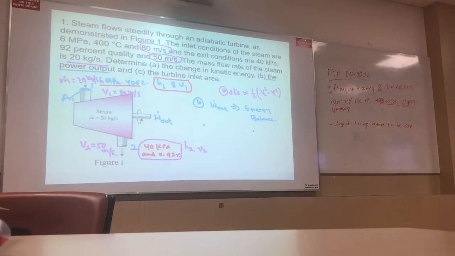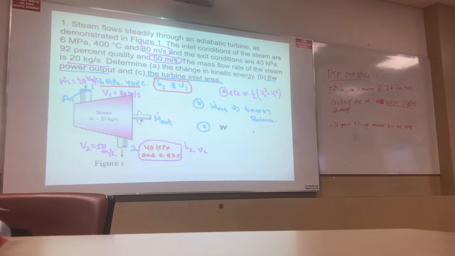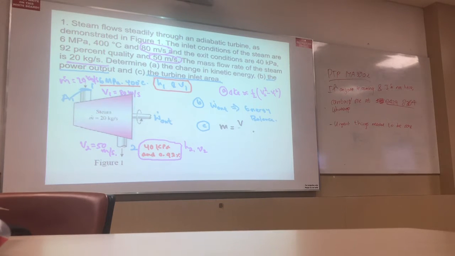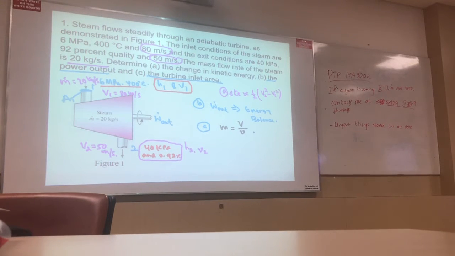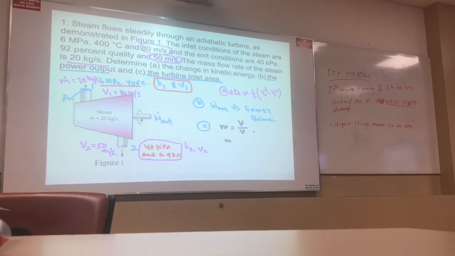And what is C? How can you find the turbine inlet area? You remember what the mass flow rate is? The mass is volume divided by specific volume, total volume by specific volume. So the mass flow rate is the volumetric flow rate divided by specific volume.